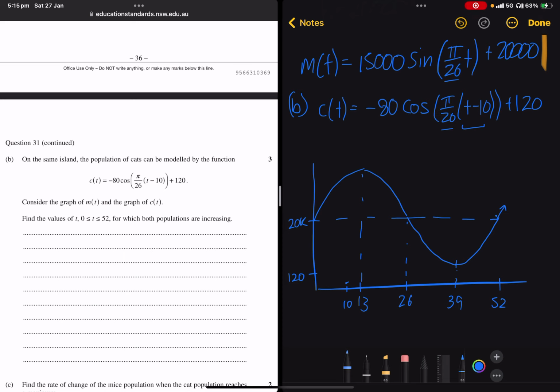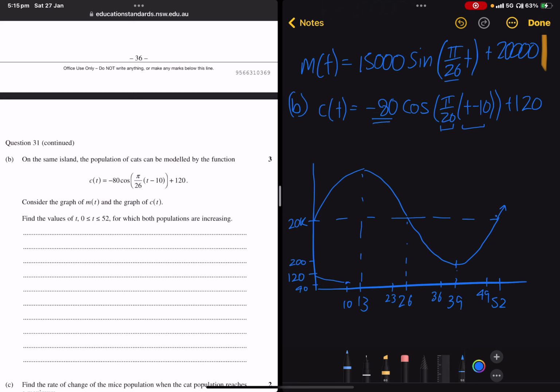And then it will move in increments of 13. So we'll go from 10 to 23, and then from 23 to 36, and then from 36 to 49, because it has the same period as the function above it, it's just shifted. So it will go down to 40, and it will go up to 200, minus 80 being the amplitude.